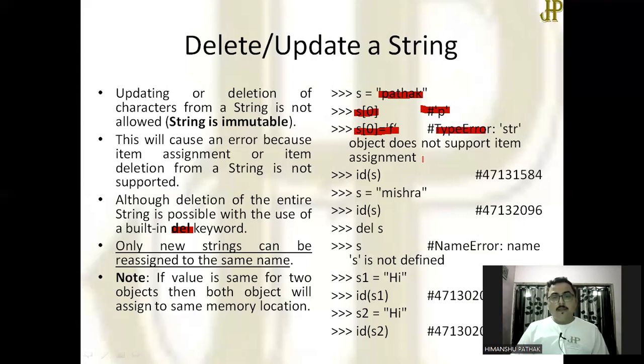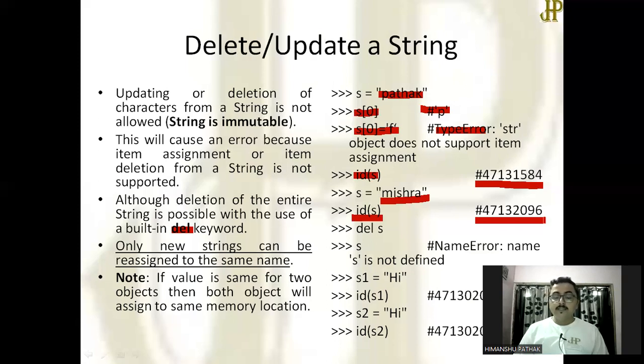Clear? Here you can see that the id of s is something. Now I am going to change the value of s. s is equal to Mishra. Now I am again checking the id of s. It shows a different memory location. Now s indicates a different memory location.